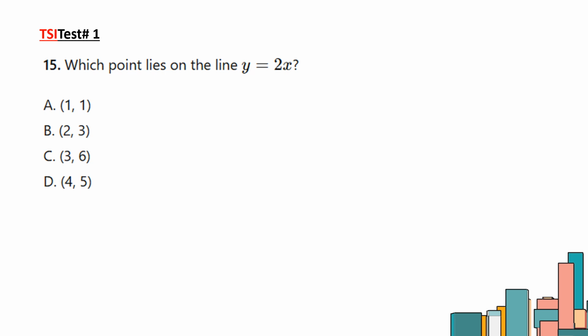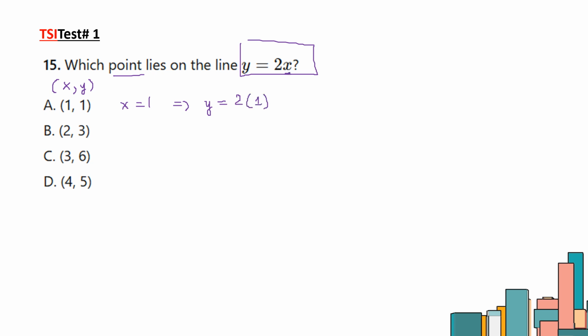Which point lies on the line y = 2x? So if the point lies on a line, it will fit this condition, okay? In this case, you know that x is always in the first position, y in the second position. Now we check. In this case, x = 1, so y will be equal to 2 times 1.